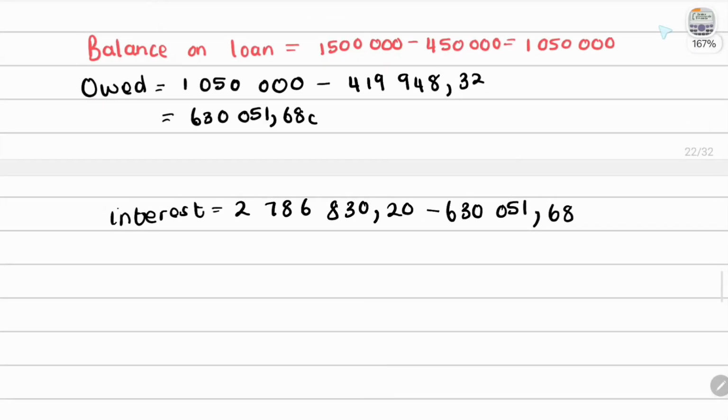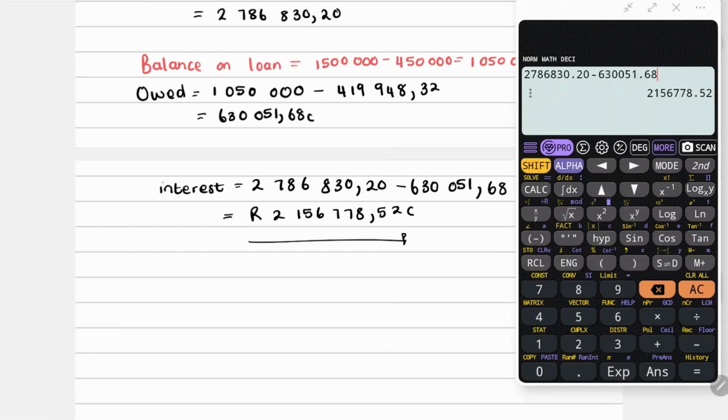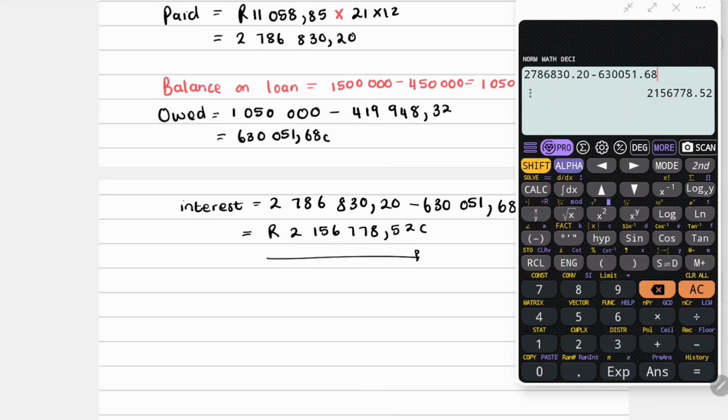And let's go ahead and find that interest. The total interest that he would have paid would be 2,156,778.52, way above the amount that he actually owes for the loan for the entire 25 years.